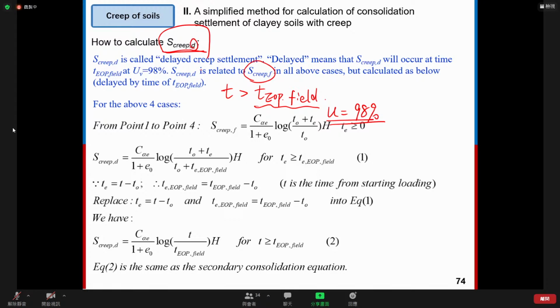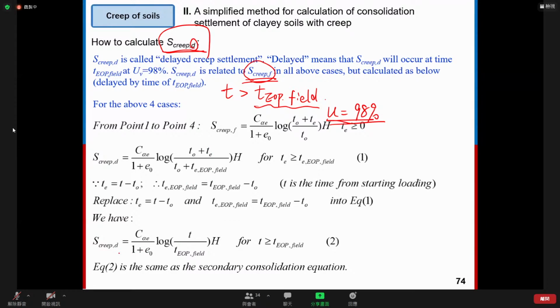The so-called delay means we only calculate the creep after the average degree of consolidation is larger than 98%. So it is one part of S-script final, so we can just use the equations we discussed for S-script final to calculate S-script delay.